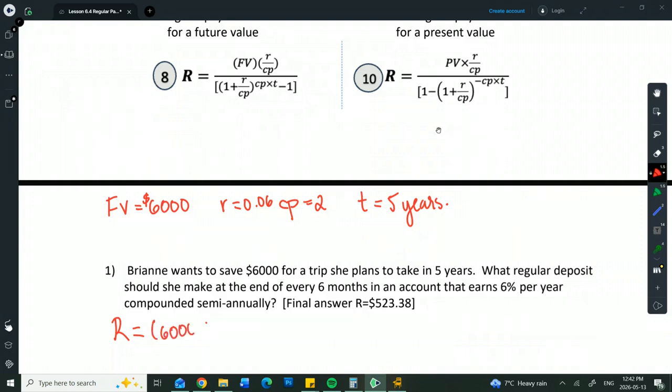So it's future value times r over CP. This is essentially just rearranged from the formulas that we did the past 2 days. And then all over 1 plus r over CP, so 0.06 over 2, and then CP times T, so that's 2 times 5, minus 1.